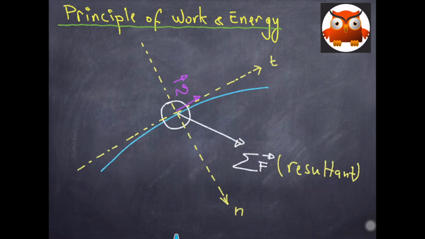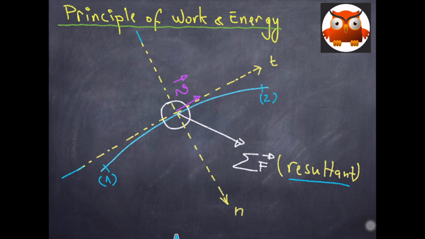Now, imagine we have here the resultant force. I drew here the tangential axis and the normal axis. So this is the tangential axis and this is the normal axis. I showed here the velocity direction, and we have here the position 1 of interest, and this is the position 2 of interest.